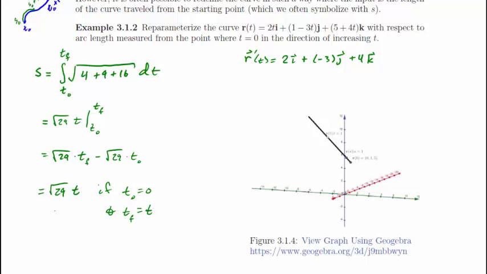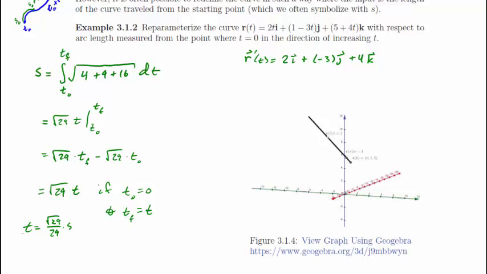So that allows us to note that t equals the square root of 29 over 29 times s. So I just divide this over to the other side and then go ahead and rationalize that fraction.